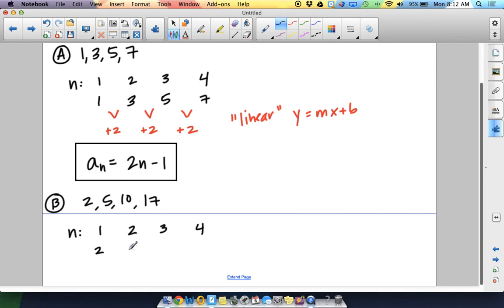First term is 2, this is 5, 10, and 17. And so, again, I want to reiterate that, I'm going to walk away. It's important because sometimes the numbers are related this way, sometimes they're related easily or more readily understood going this way, okay? So see if you can write down a formula for this one.